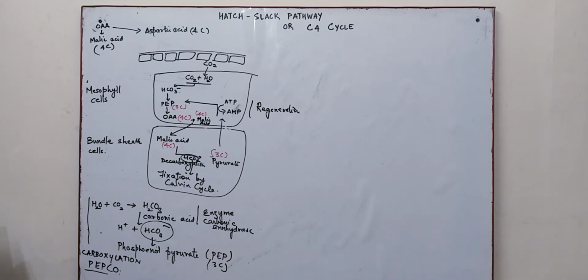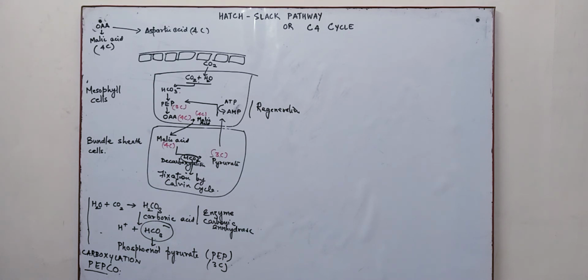The ATP is being used and is converted into monophosphate. Now the bicarbonate is accepted by the phosphoenol pyruvate. Here the RuBP is acting as a carboxylase and it will enter into the Calvin cycle.